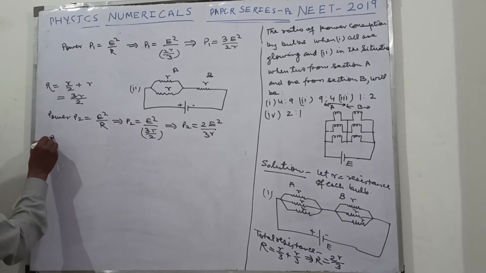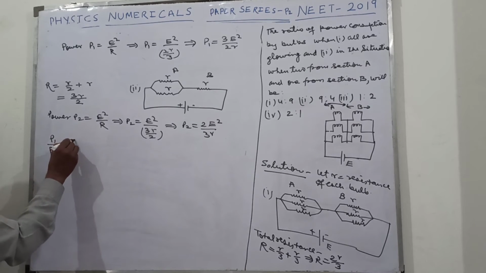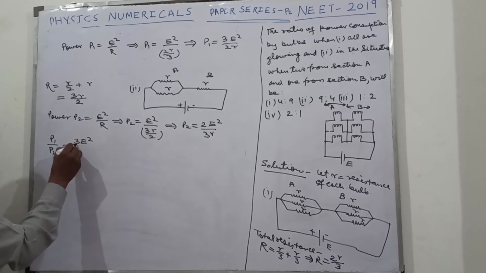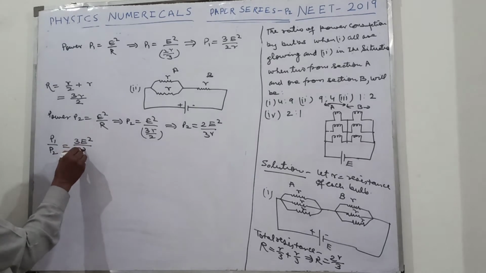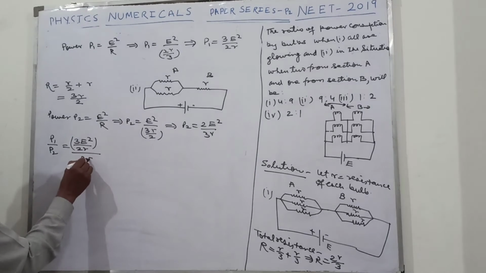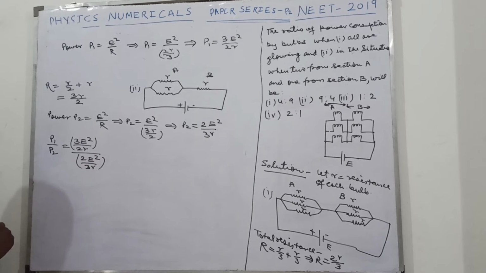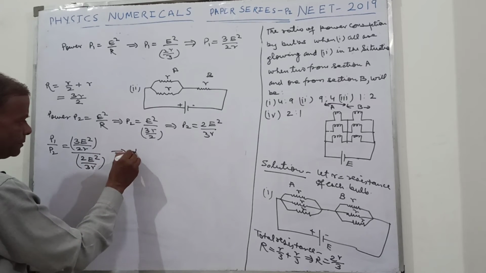Now you have to find the P1 upon P2. P1 is your 3 E square upon 2R. This is now P1, and P2 is 2 E square upon 3R. This is now P2.